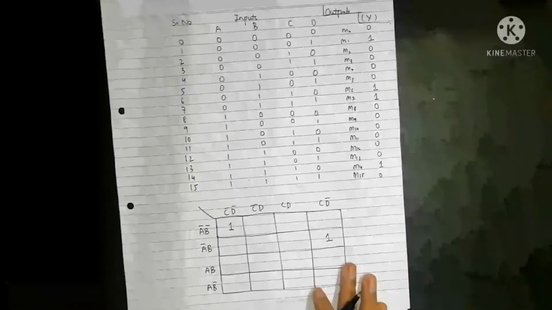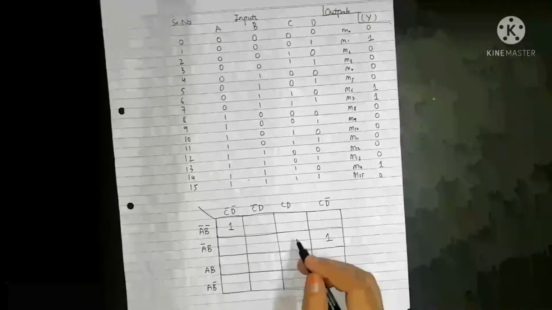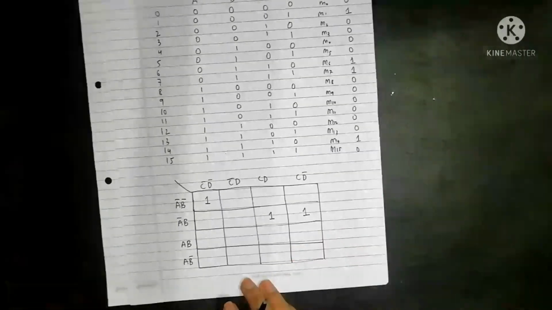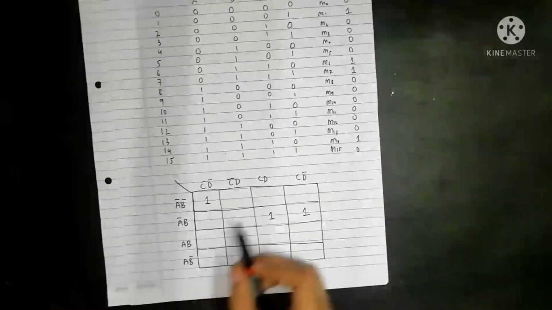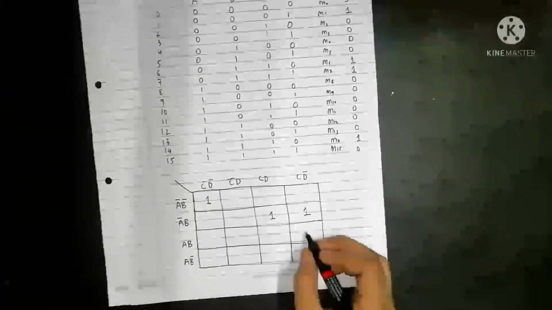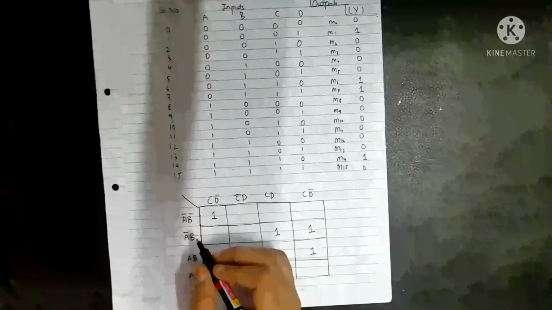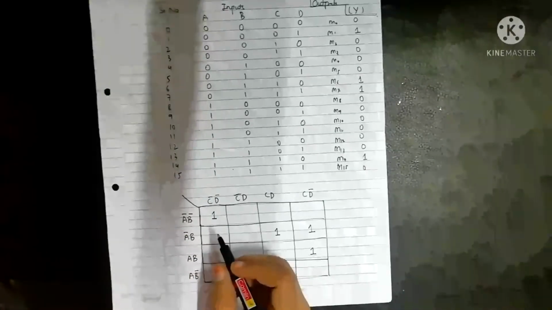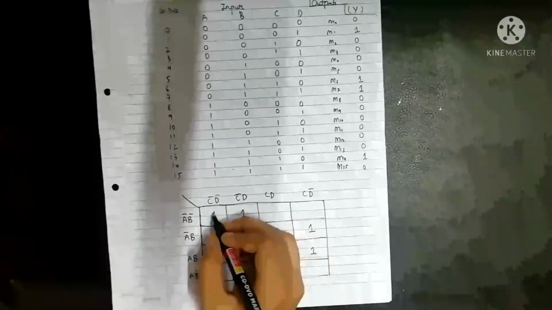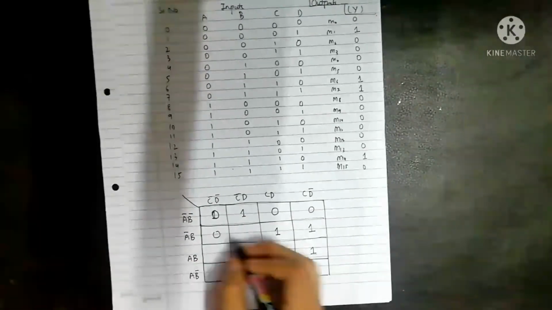Then A bar B C D. Write 1. Then A B C D bar, so here, write 1. All the other terms will be 0.